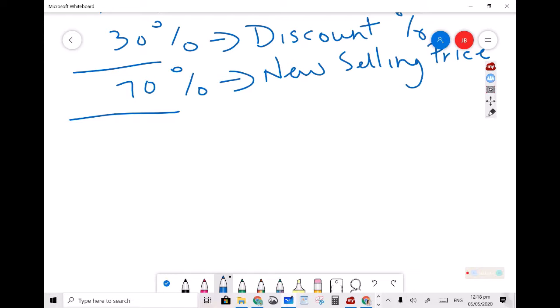So now we know our new selling price is 70%. So we use that 70% of our marked price, which was 3,500.